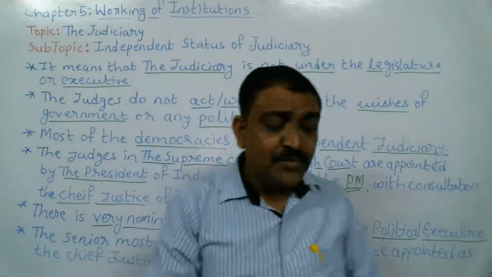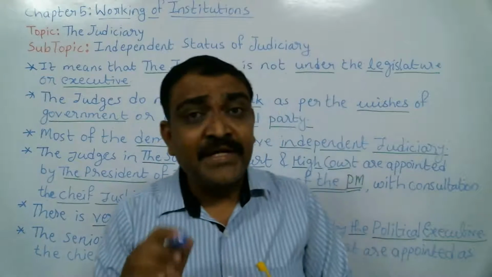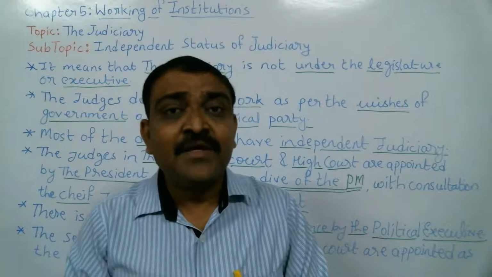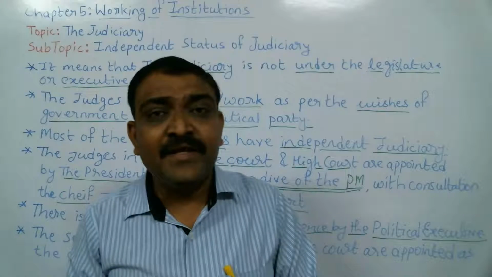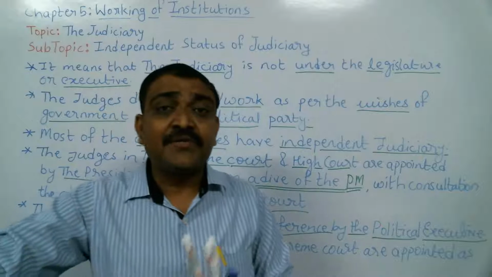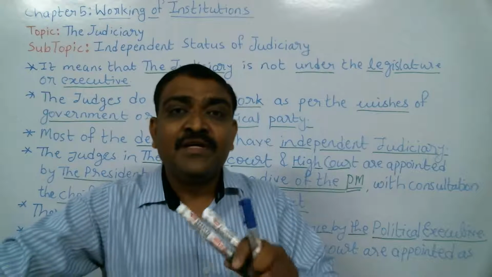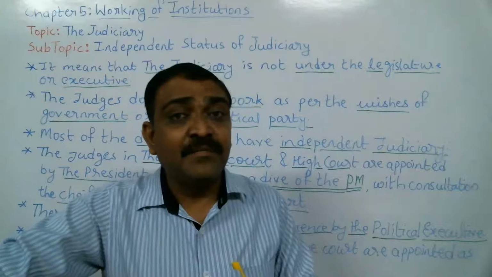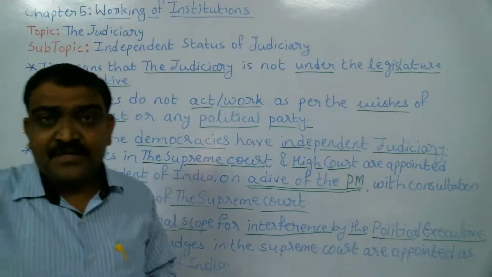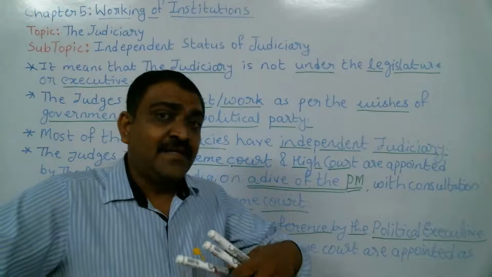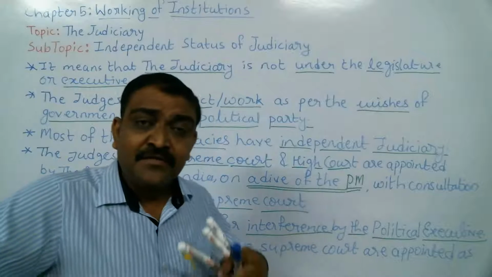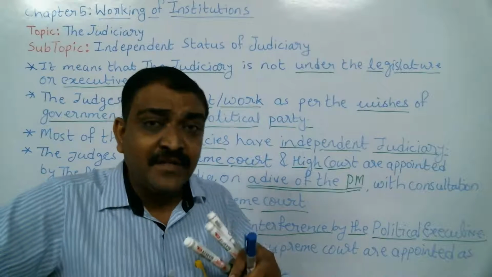In the Supreme Court already there are 25 plus 1 number of judges. Okay, one judge is the Chief Justice of India, and apart from the one Chief Justice of India, there are 25 more judges in the Supreme Court. Okay, so out of these 25 judges, if the existing Chief Justice of Supreme Court is going to retire, okay, so the new person has to be appointed as the Chief Justice.